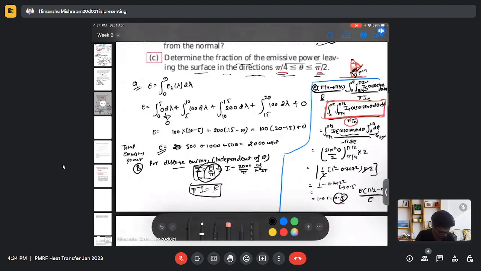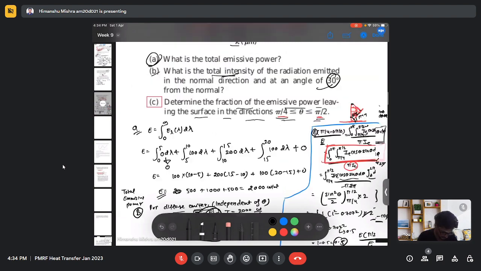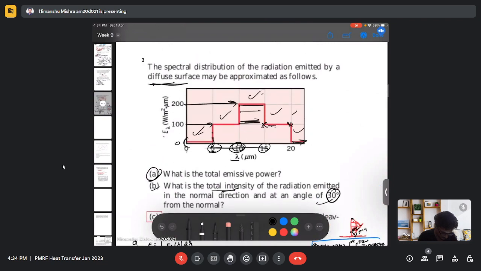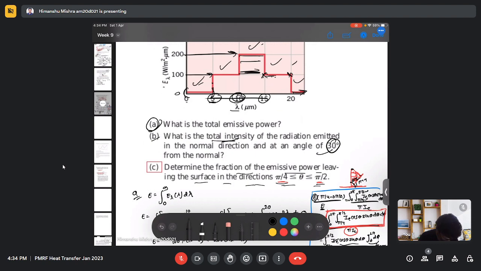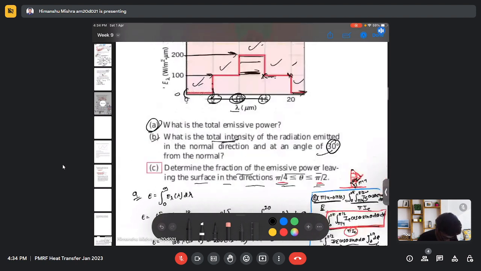So my intensity is independent of angle. That means in every direction my intensity is similar, but my spectral distribution, which is leaving the surface, I think it is changing.